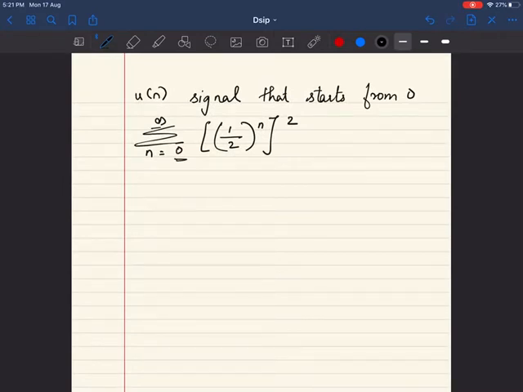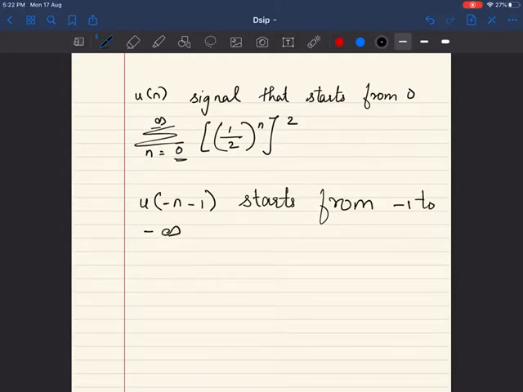Okay. So, this is my first term, and for the second term, u of minus n minus 1 starts from minus 1 to minus infinity.